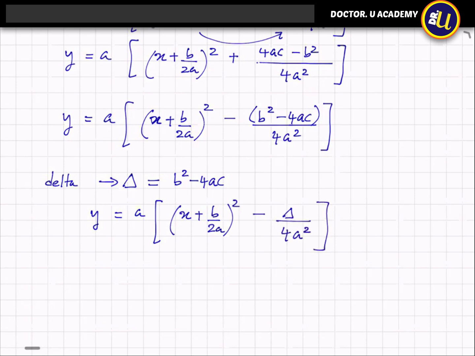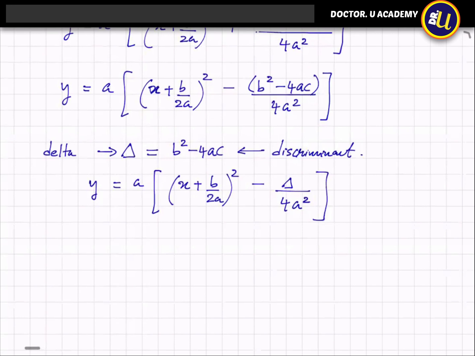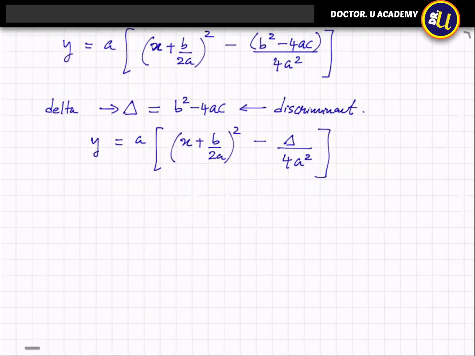That is just a notation. This delta, b squared minus 4ac, is called the discriminant. So now with this delta, it's very easy for us to simplify.